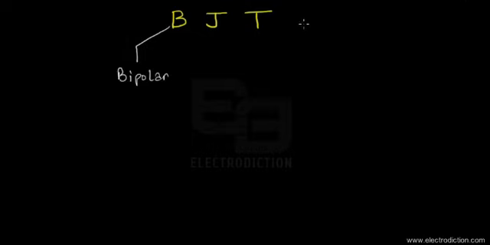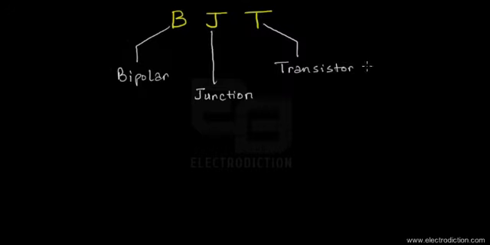Next comes J, which stands for junction, and finally the letter T stands for transistor. So today our topic of discussion is the bipolar junction transistor, referred to in short as the BJT.